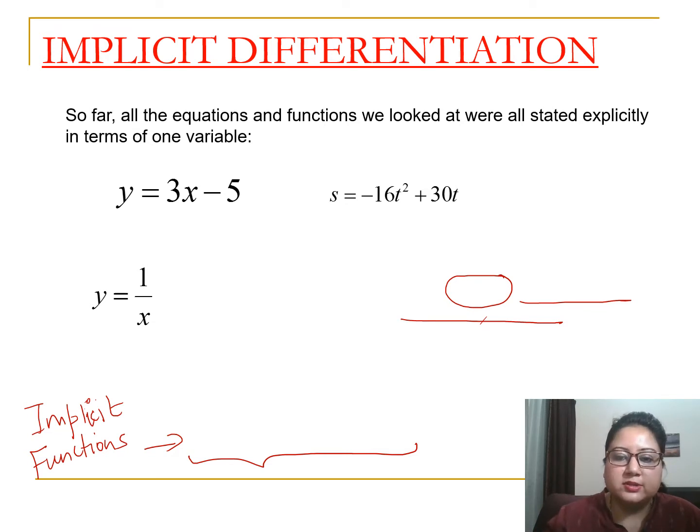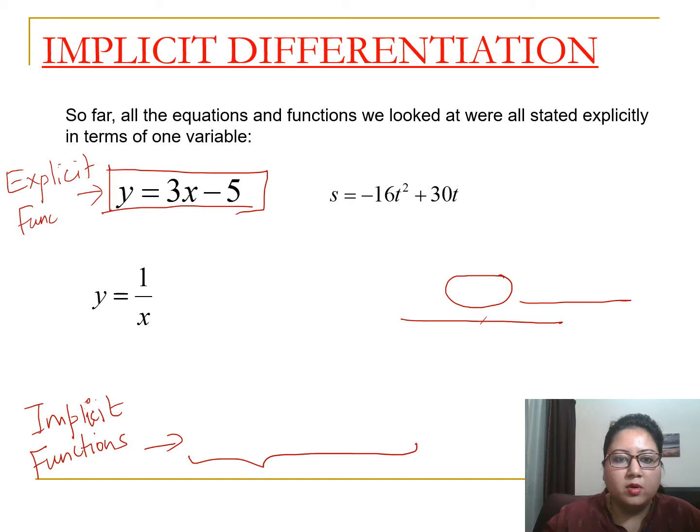So in this equation, y is said to be explicitly defined in terms of x. Such is an example of an explicit function or explicit equation. Similarly, the second one is also an explicitly defined function.